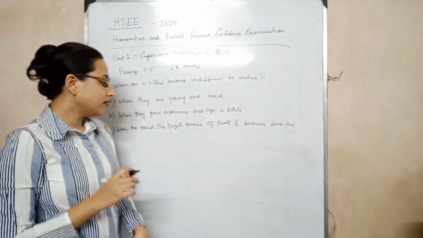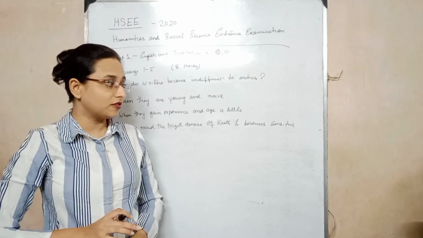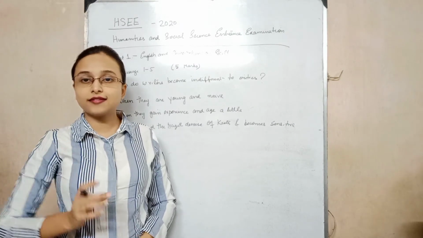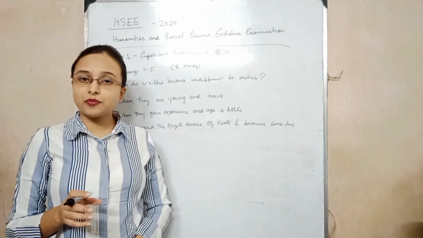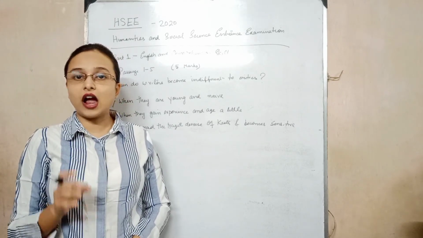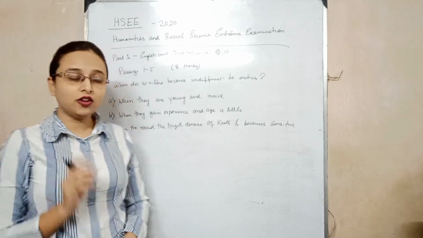Okay, when they read the tragic demise of Keats and they become sensitive. Now the demise of Keats, the story there was mentioned in the paragraph. The fourth option given was, when they are driven by the material concerns of profit and loss.